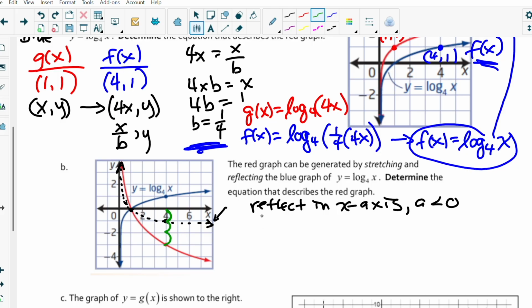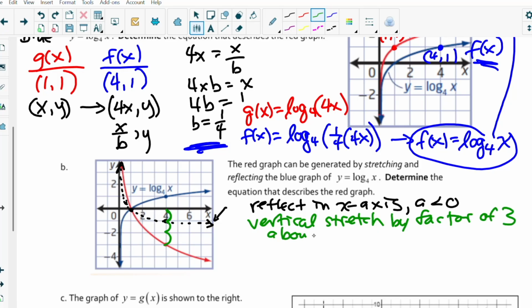So it looks like it's a vertical stretch by factor of 3 about the x-axis. So absolute value of a equals 3, but a is less than 0, therefore a equals negative 3.